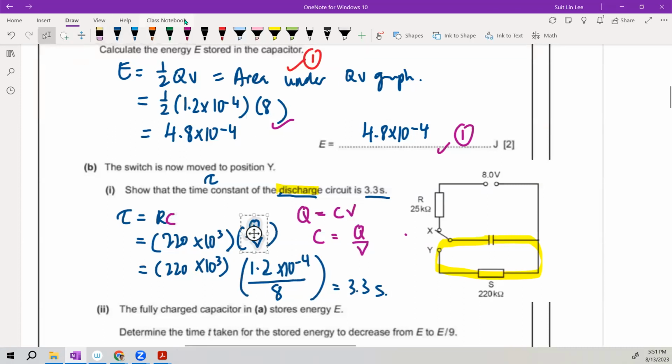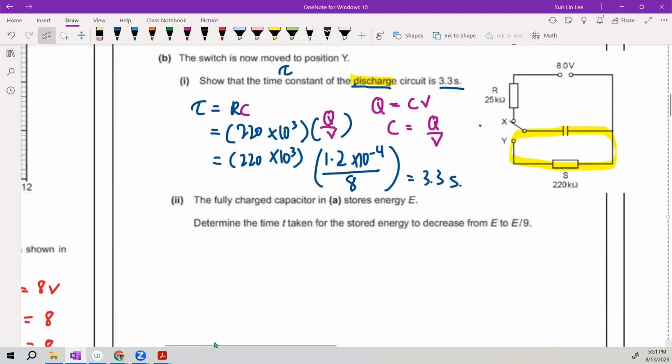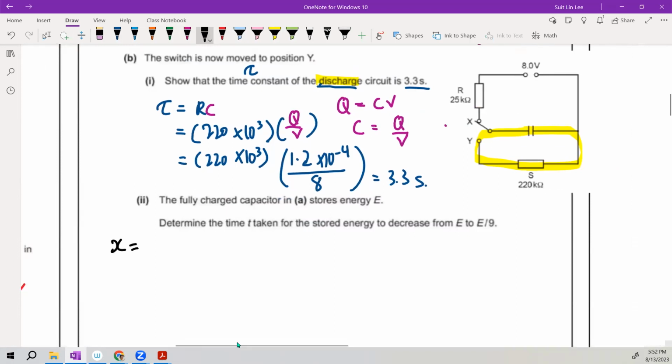Okay. The fully charged capacitor in A stores the energy E. Find the time taken for the stored energy to decrease from E to E over 9. So maybe I will go to my formula sheet and copy this equation first: X is equal to X naught e to the negative t over RC.